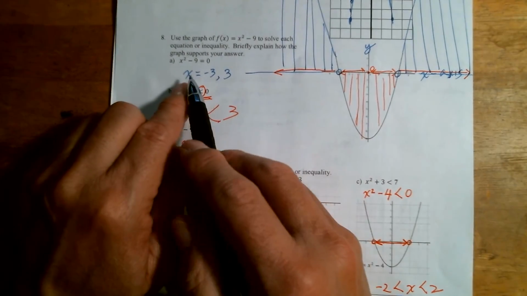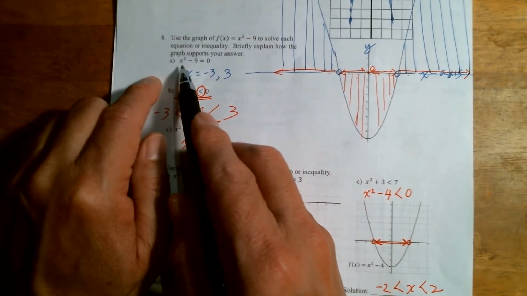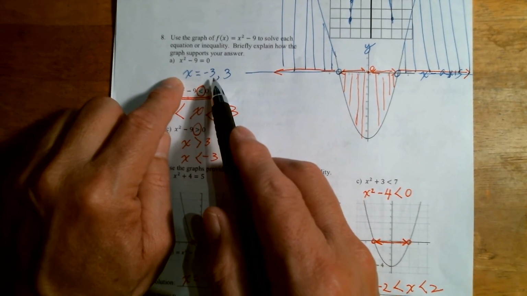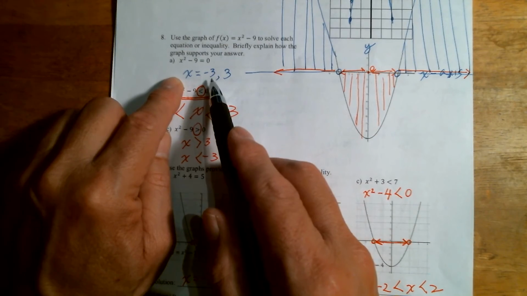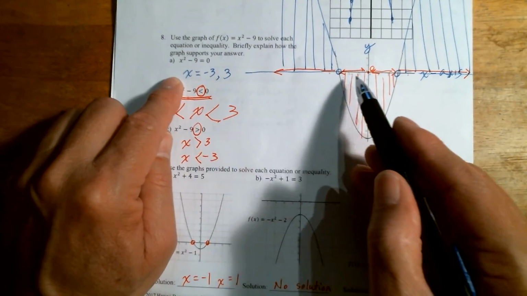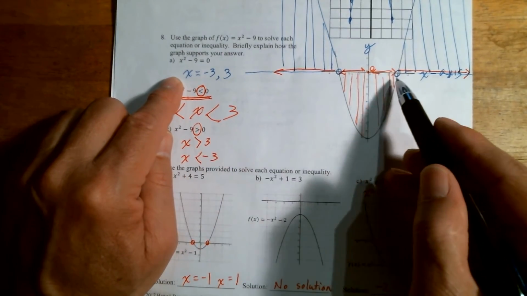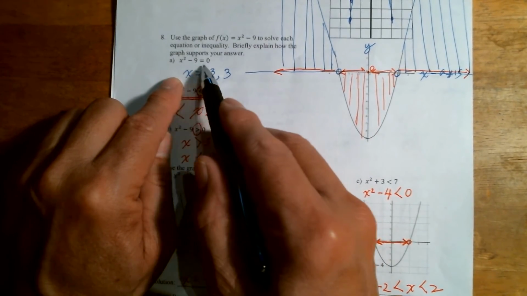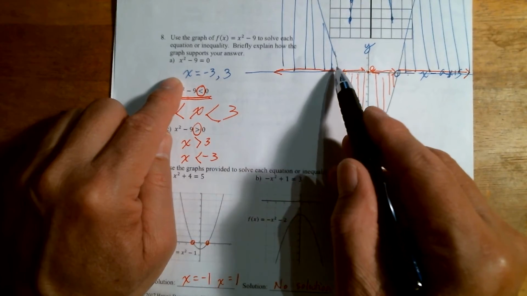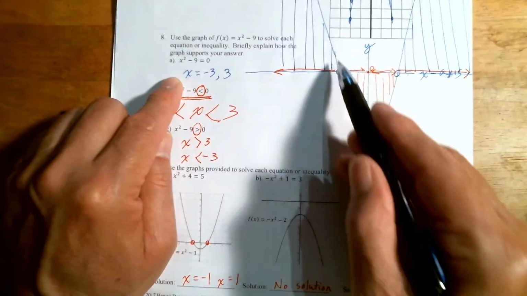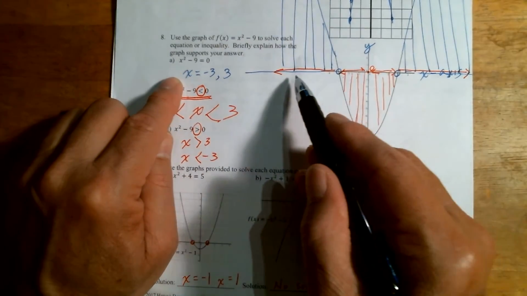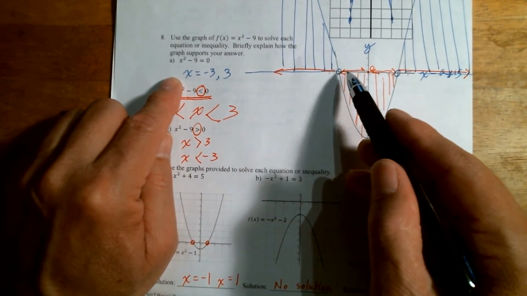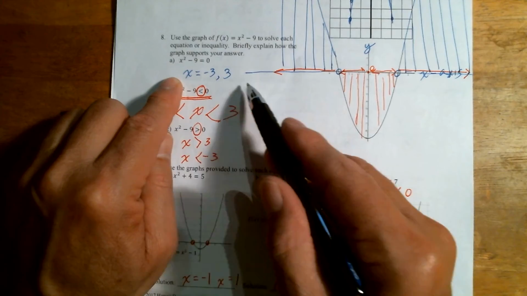So what's going to satisfy this equation here? X squared minus 9 equals 0. Well, it's going to be 3 or negative 3. So we have the 2 points crossing the x-axis right there. So I want you to see the connection. The 3 and the negative 3 are the points where the parabola crosses the x-axis. And those are what you call the solutions to x squared minus 9 equals 0.